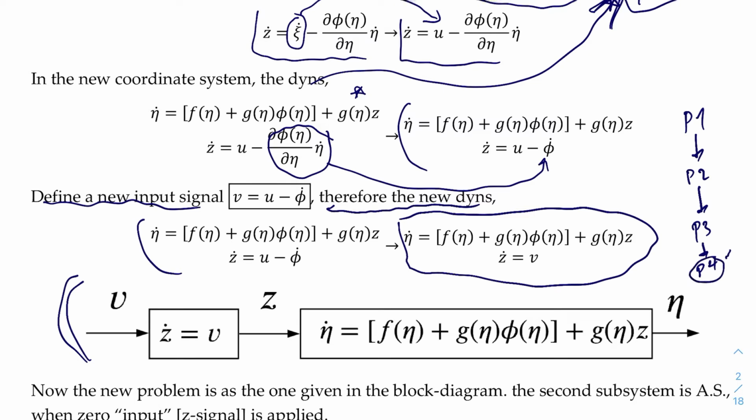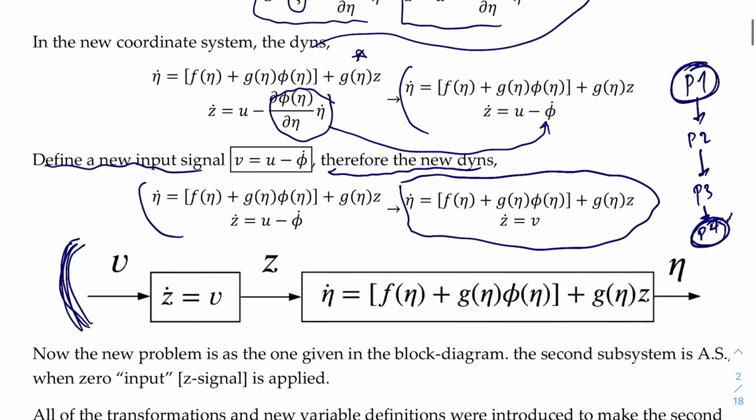I'm just writing that arbitrarily, maybe it's P5 or P3, I'm not sure about that. But the point is that if you solve this, you can retrieve the solution of P1. This is the kind of strategy. All right, so again, this is the block diagram.